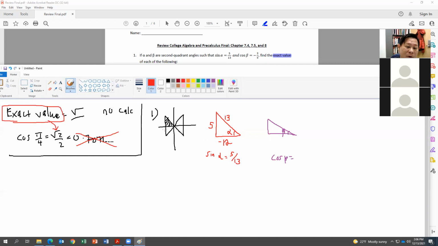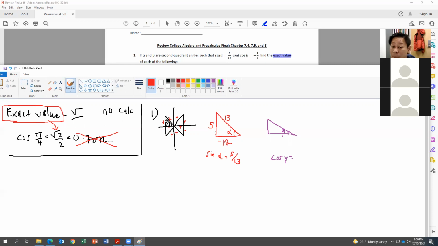Do not forget, in quadrant 3, both the x and the y values are negative. In quadrant 4, your x is positive but your y is negative. Your hypotenuse is always positive, no matter if it is in quadrant 1, 2, 3, 4.